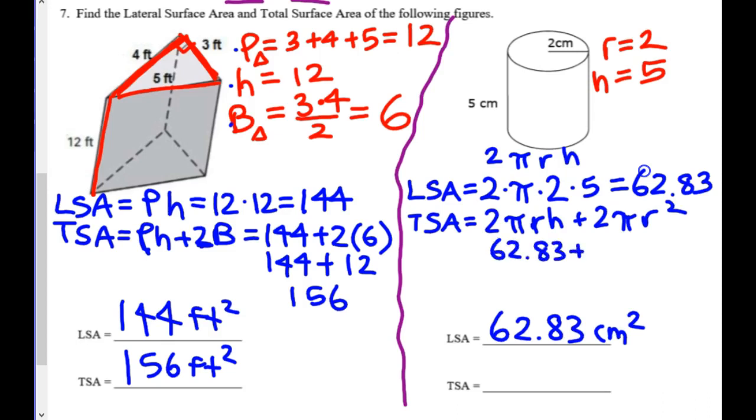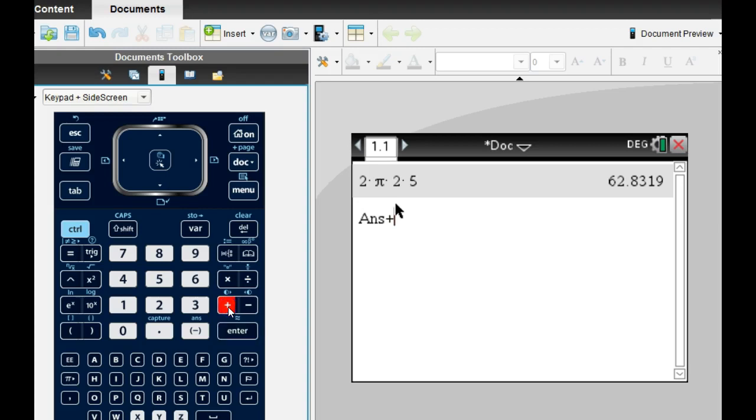But what I'm adding is 2 pi R squared, 2 pi R, which is 2, squared. So again, take what you already did, and you're adding 2 pi R squared. I'm just going to take what I already had, plus sign, 2 pi 2 squared.